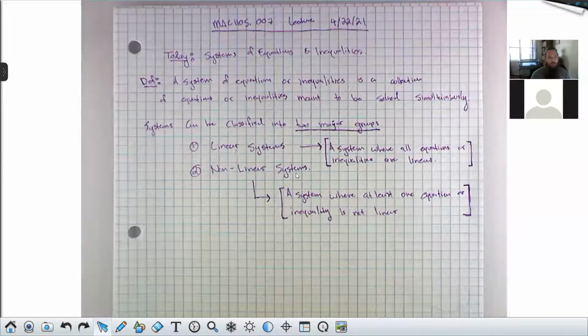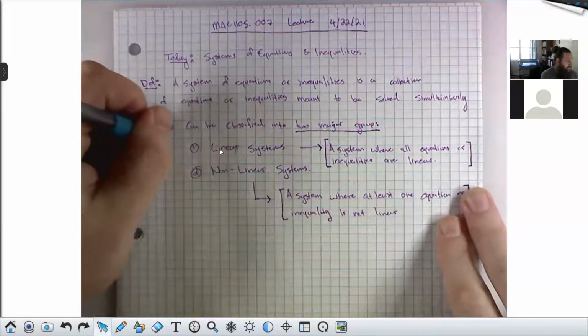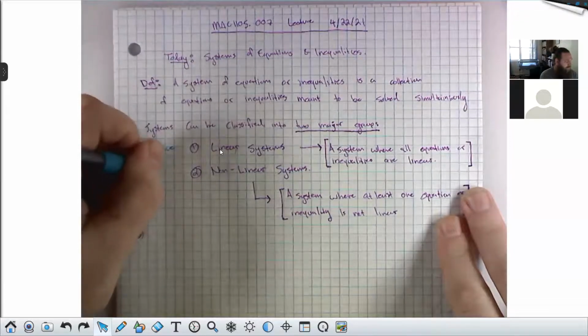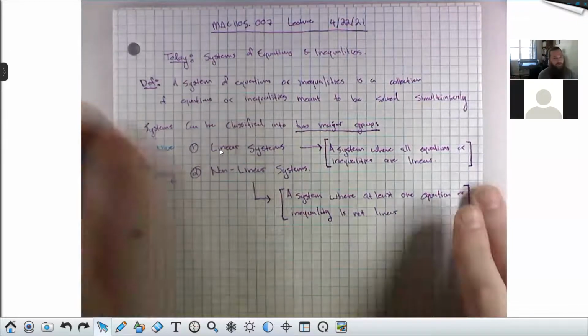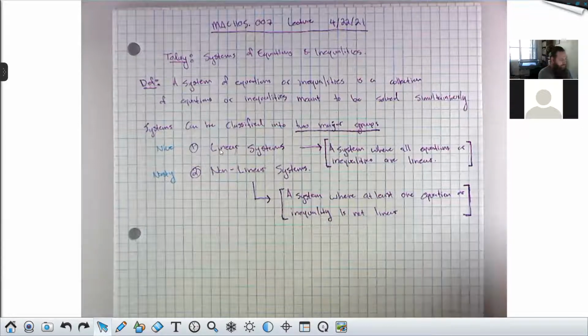So it turns out nonlinear systems are quite nasty, whereas linear systems are quite nice. So these are very nice. These are quite nasty. So let's see if we can classify some systems as to whether or not they are linear or nonlinear.